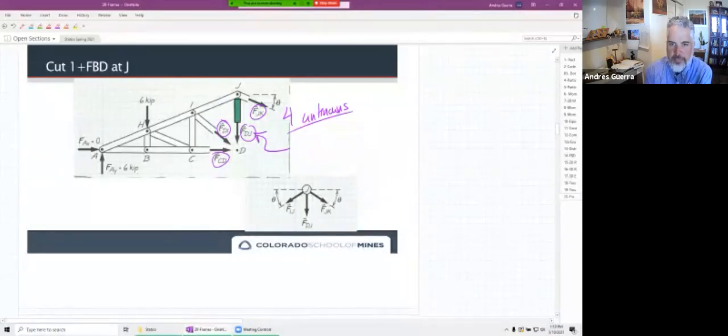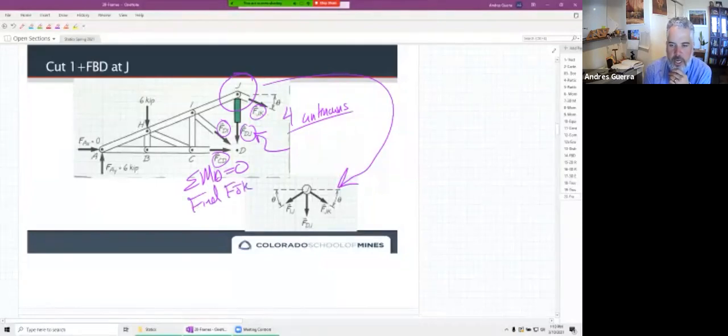Now how we could solve this is actually going to be cut one plus an FBD up here at J, which we have drawn down here to the right. And so from this cut one, if we sum moments about point D equals 0, we're going to find FJK.